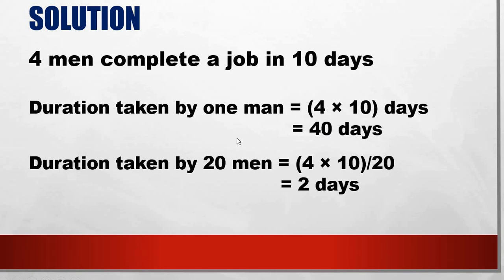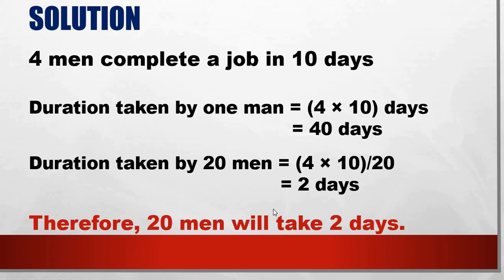And for us to get for 20 men, what we do is we divide by 20, and that gives us 2 days. So divide 40 days by 20 men, and we have 2 days. So it takes 20 men 2 days to complete the same job. Is that clear? So proceed.